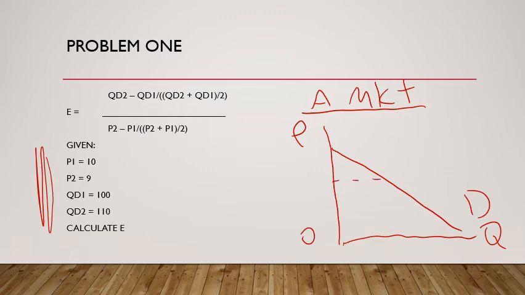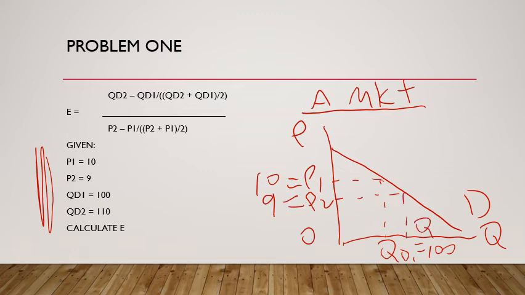So what do we have here? We have P1, which is 10. We've got QD1, which is 100. And we have P2, which is 9. And we have QD2, which is equal to 110.